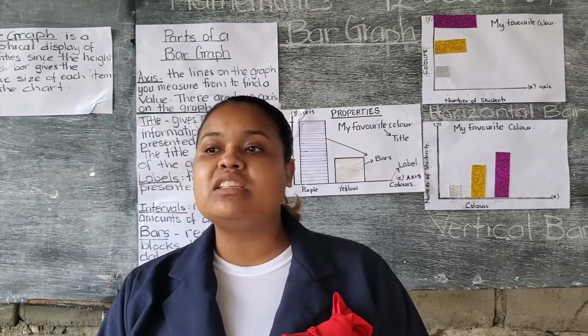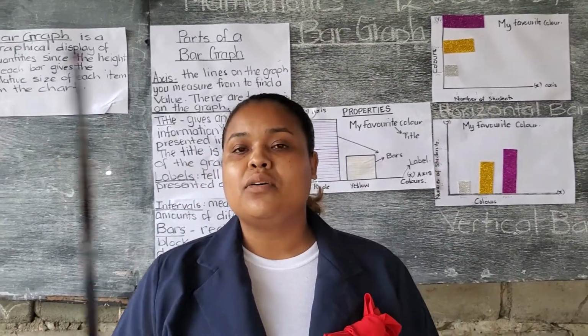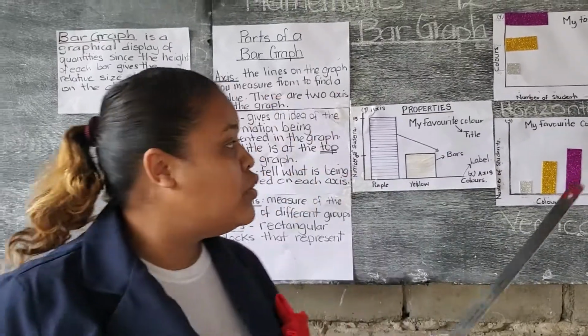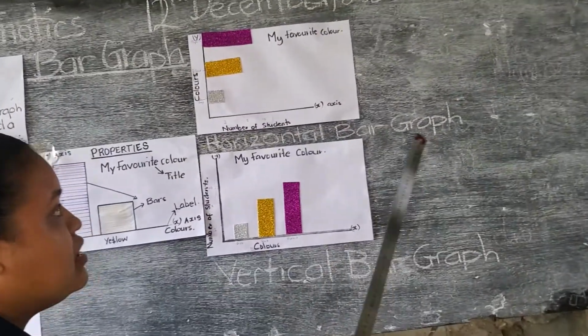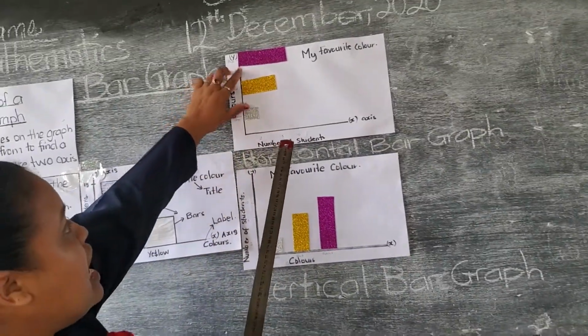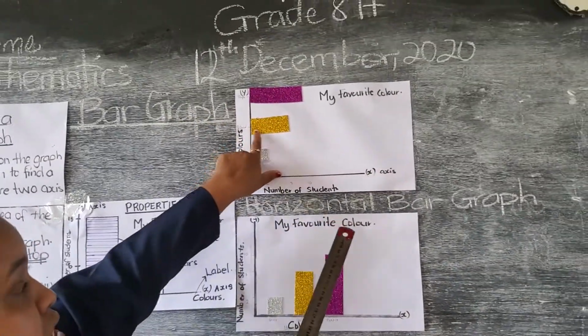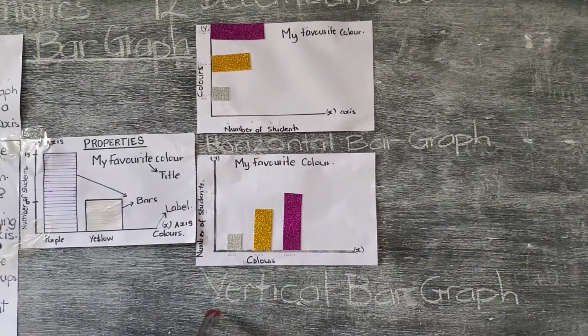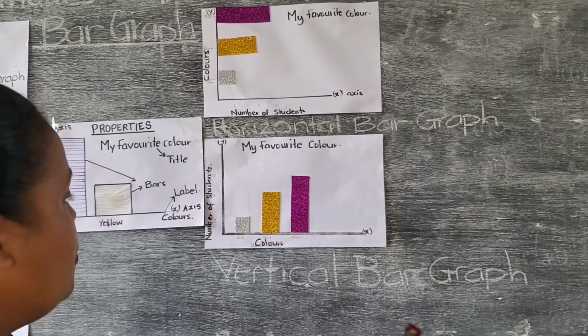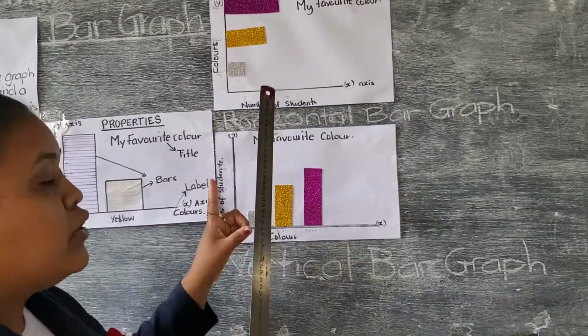Good. And what is the next one? Lovely. Yes, the 2 types of bar graphs are horizontal bar graphs, where you can see the items are located facing horizontally. And there are vertical bar graphs where the items are going up.